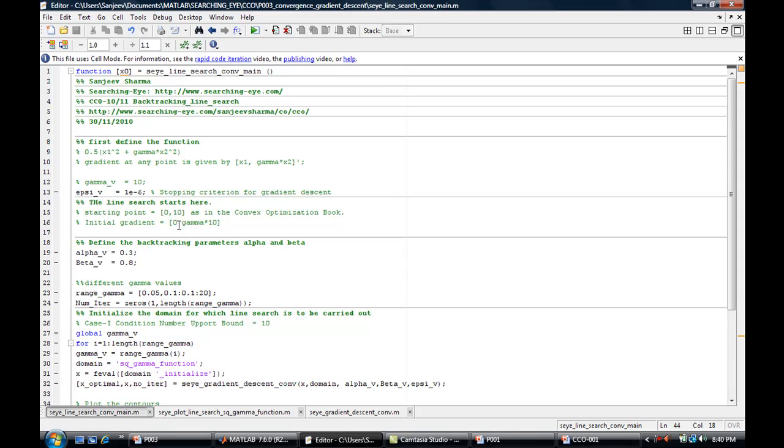So in this experiment, the value of epsilon, that is the exit condition, is 10 to the power negative 6. The value of alpha is 0.3 and the value of beta is 0.8.